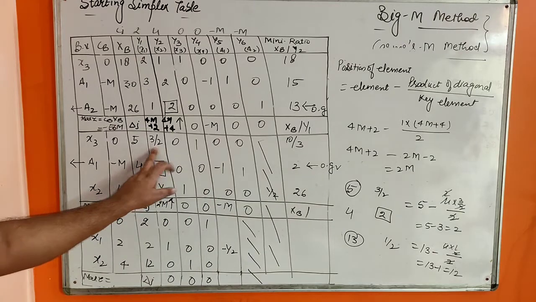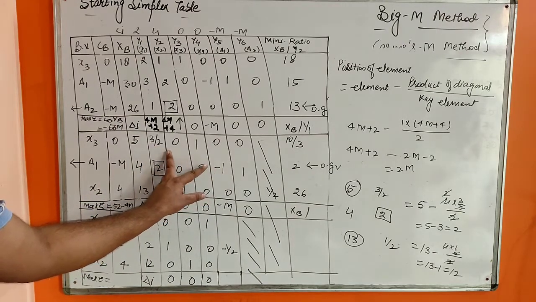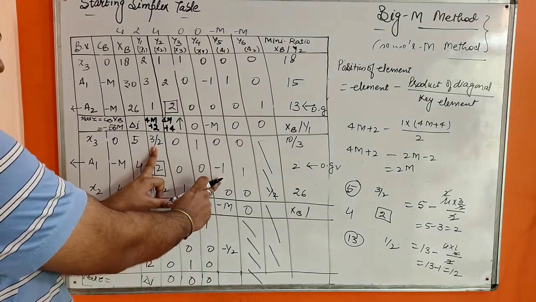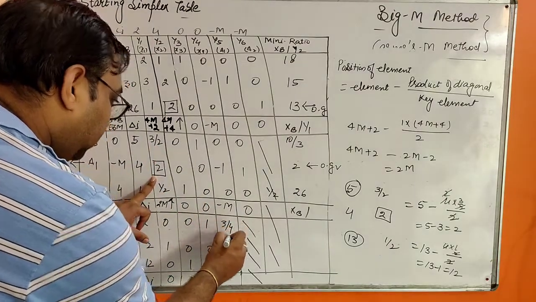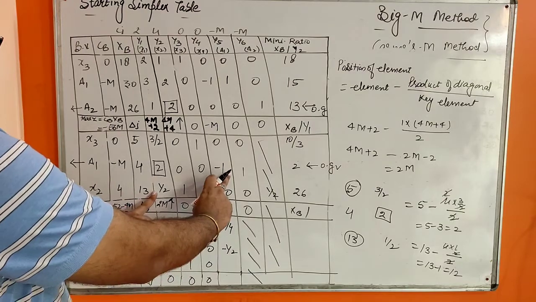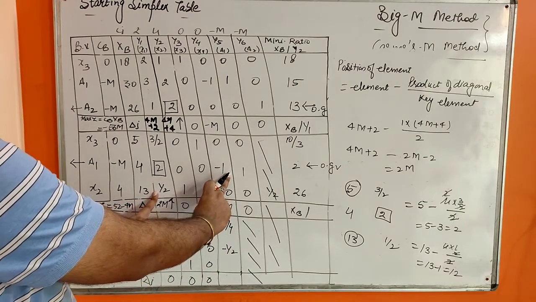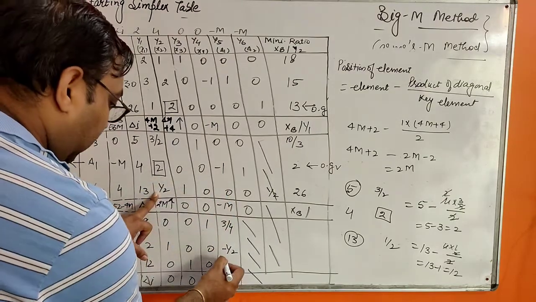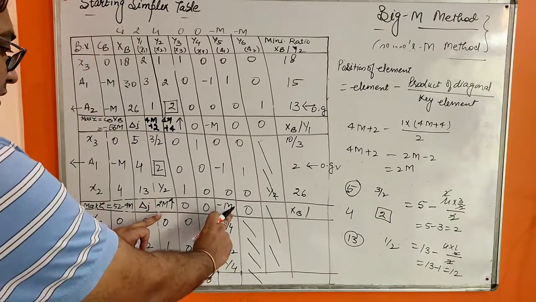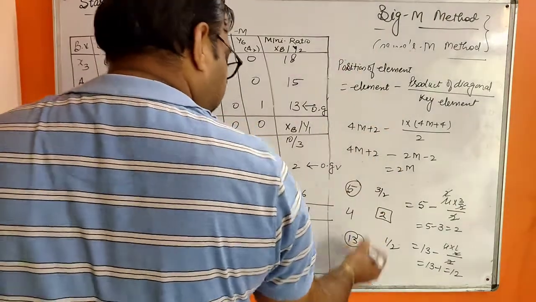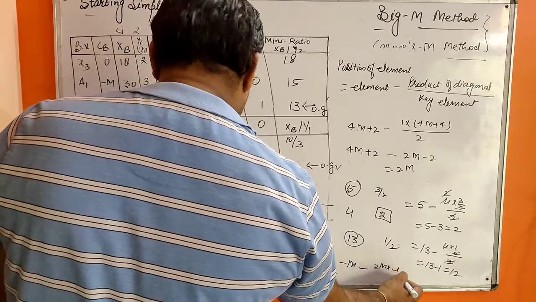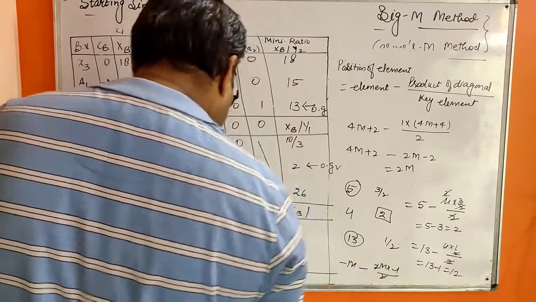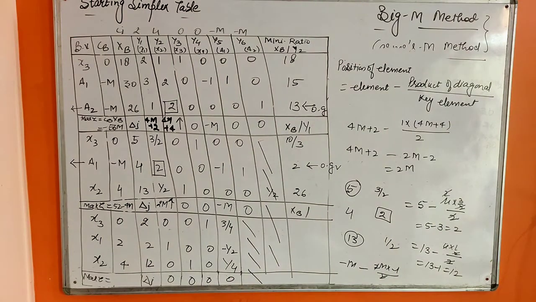So 0 minus the product of these two elements, 3 by 2 and minus 1, that is plus 3 by 2 upon 2, that is 3 by 4. For this 0 minus the product of these two elements, that is plus 1 by 2 upon 2, that is 1 by 4. For this minus m minus 2m into minus 1 upon 2. So this will be 0.